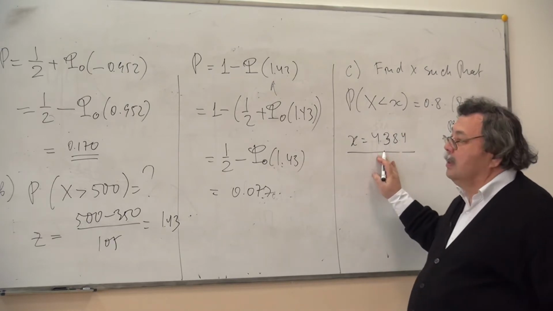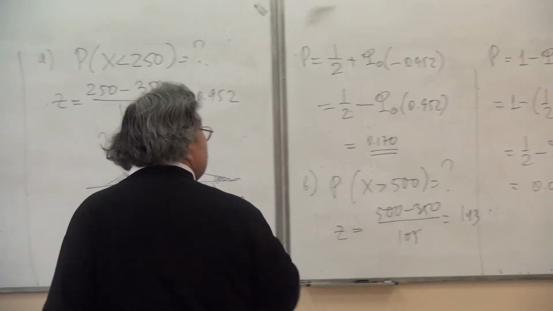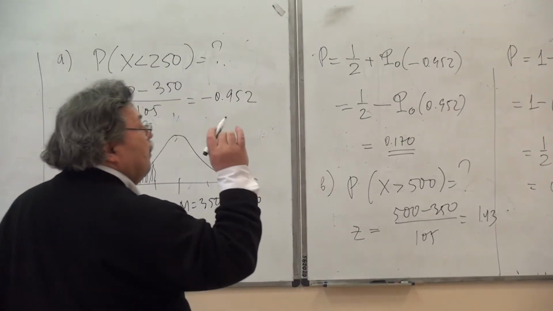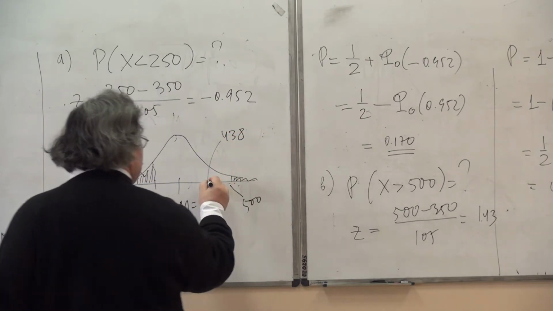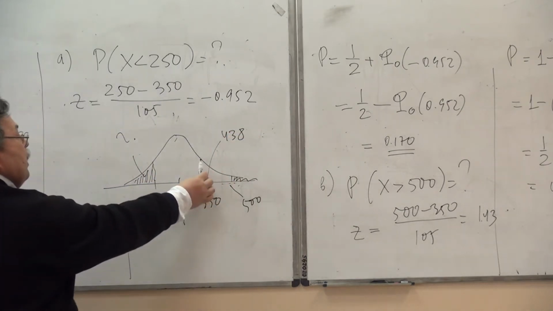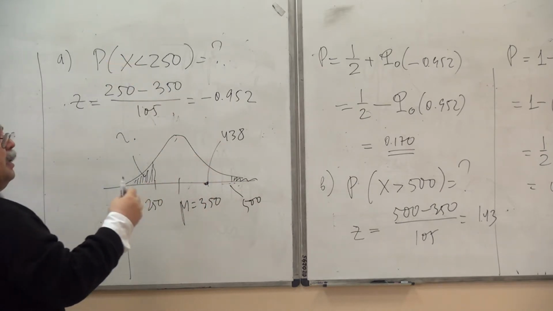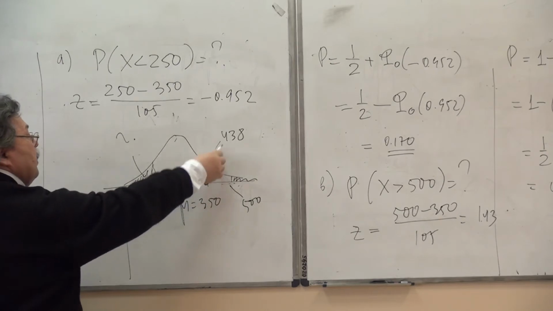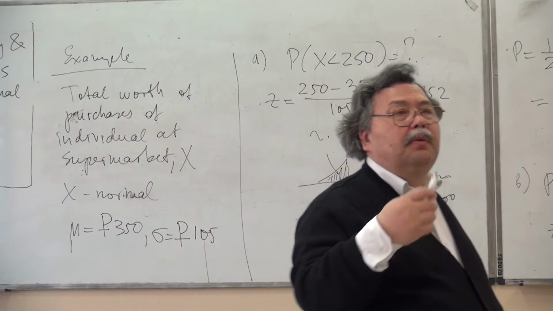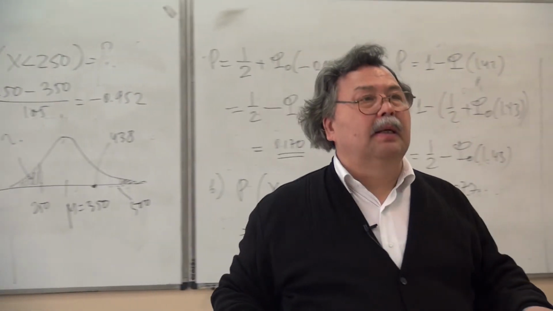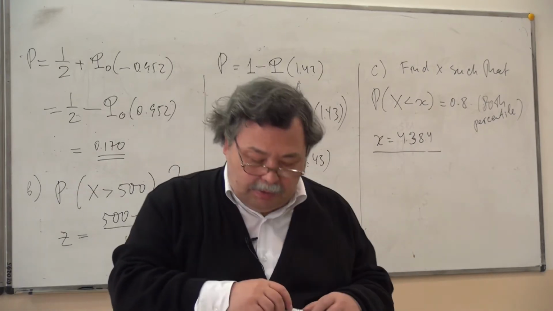Let me just give you an answer. With this value of x, which is 438, okay? Now, the probability that this normal random variable takes on a value that lies to the left of this is 0.8, okay? So if you repeat this experiment again and again, 80% of the time, the value of x will lie to the left of it.